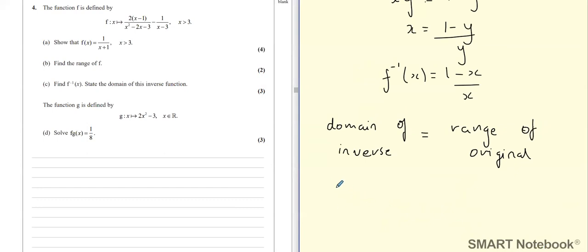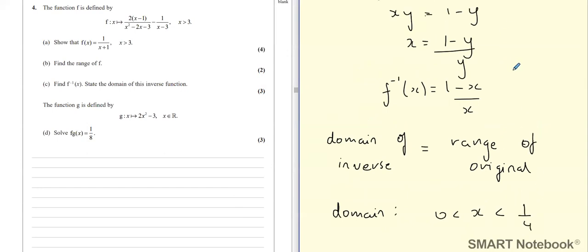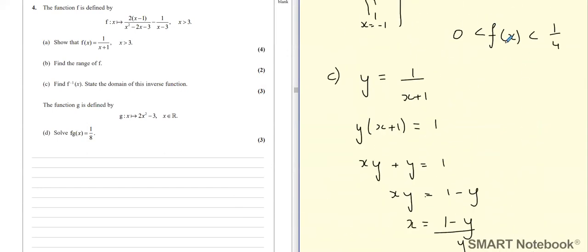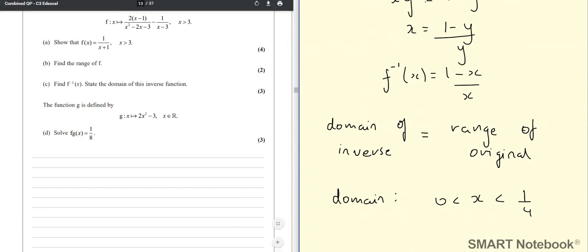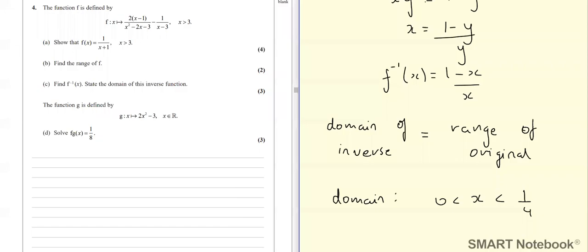And so the domain is going to be given by, we already worked out the range in part B. X is greater than 0 and less than 1 over 4. From up here, all we're doing is replacing f of x with x. Does that make sense, and does that ring a bell? Send me your answers through if you haven't already.